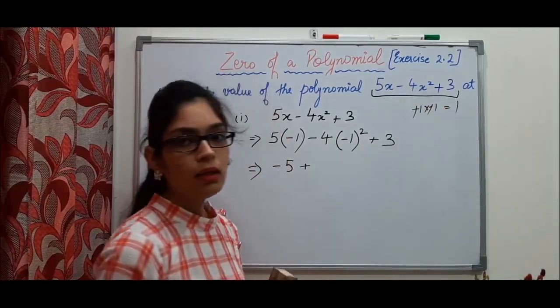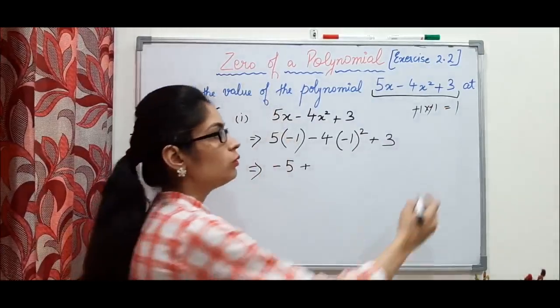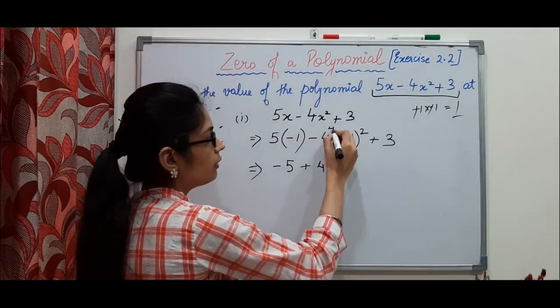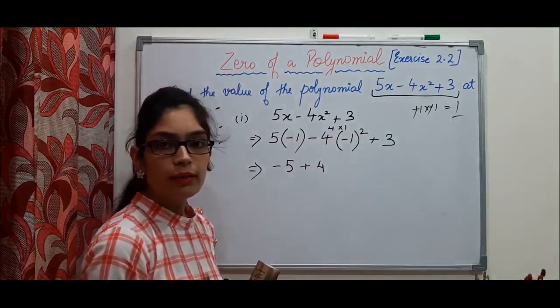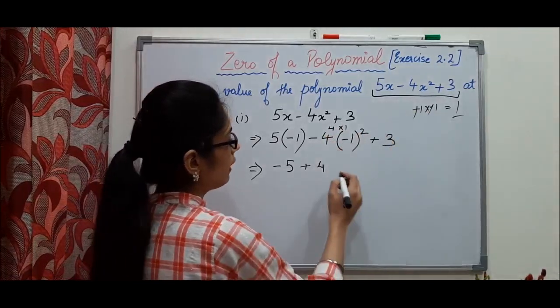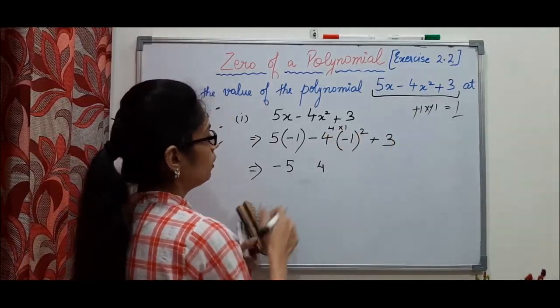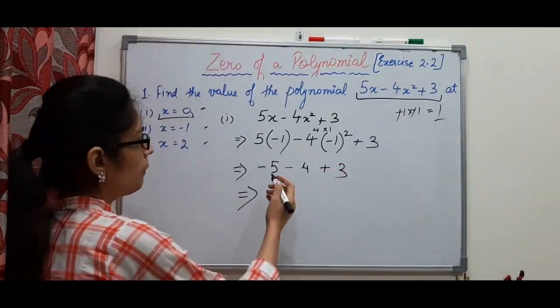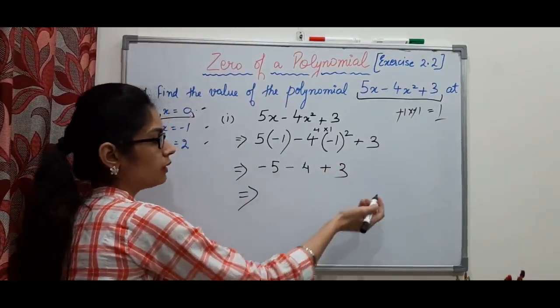So you will get the square of minus 1 equals to 1. So 4 into 1 will be 4, because this minus sign will get cancelled. So here you will get plus 3.